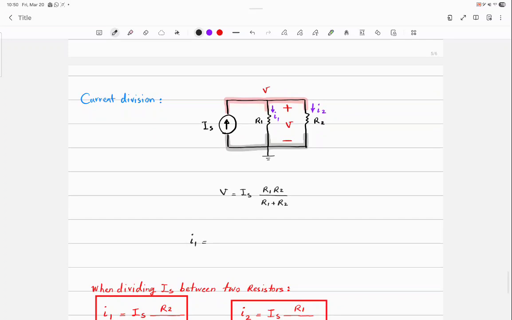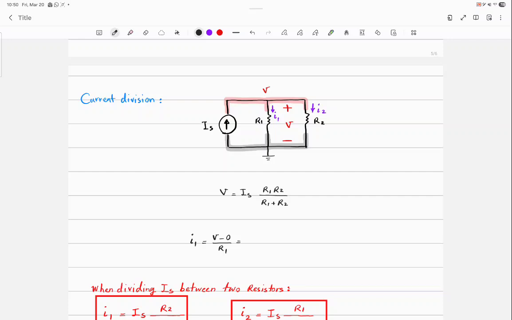Do you remember the red box? I mean, I had probably 100 red boxes so far. Over R1. So whatever that is, I'm going to divide it by R1. Do you agree with that?